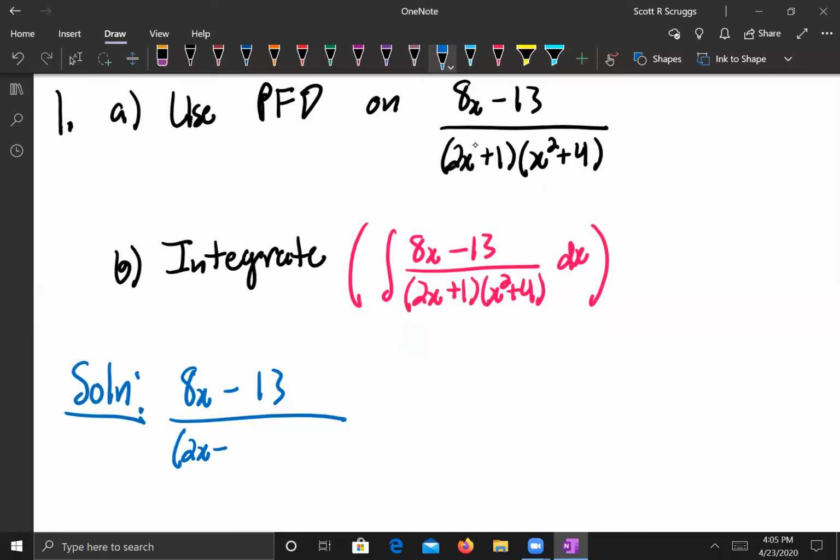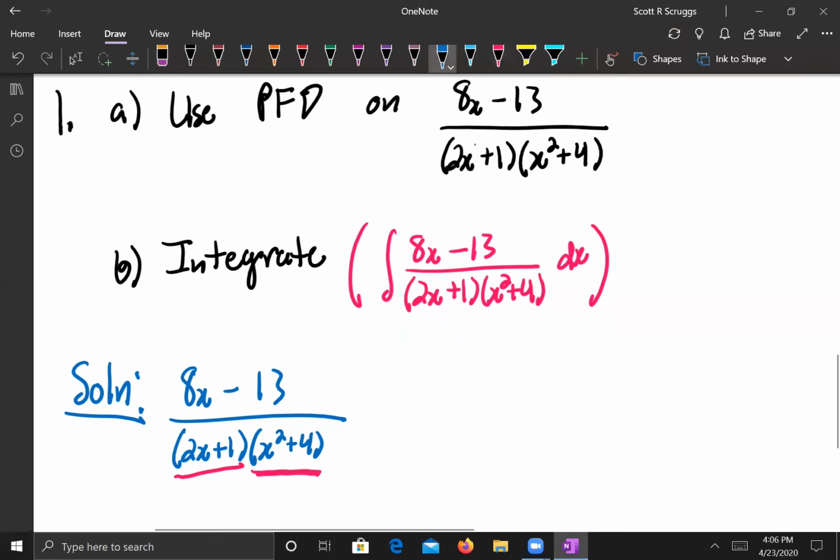Two plus 1, x squared plus 4. So the first thing to ask myself is, what is appearing in my denominator after I factored? I have a linear factor going in there, and I have a quadratic factor that is irreducible, or I can't factor it out nicely.